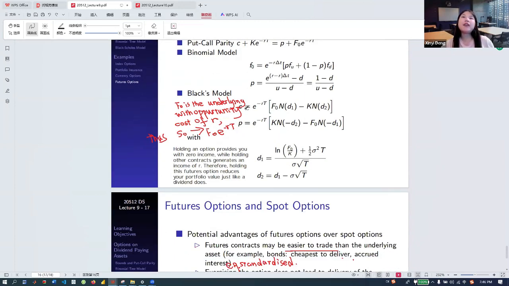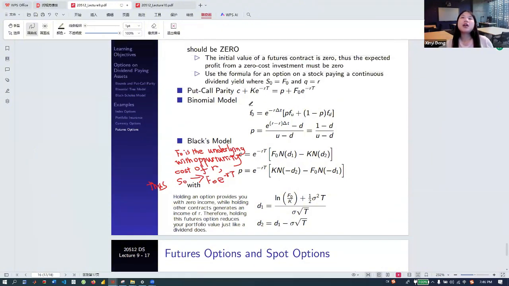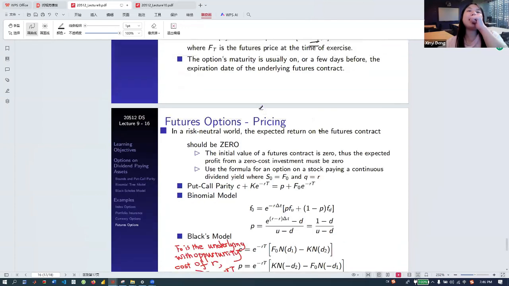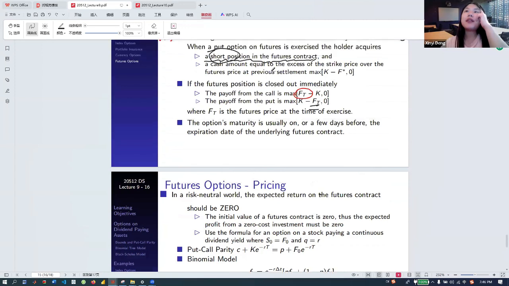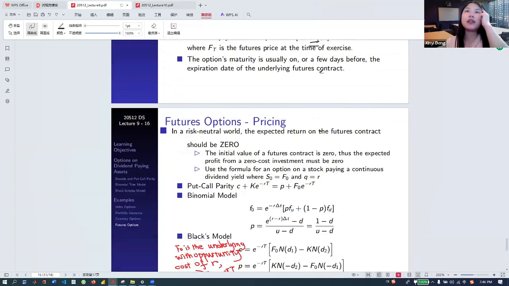Remember, not really F0, sorry about the typo here. So perhaps just the letter F. It's actually the underlying asset, right?